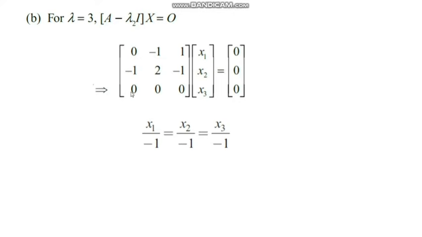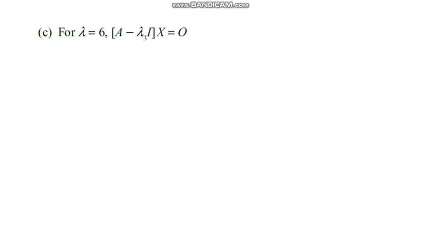So this is only eliminating the row and column containing 0. 0, positive 1, but the coefficient of the minor is minus 1. Minus 1 times positive 1 is only minus 1. Similarly, you can do it for x3. So all elements are the coefficients of minus 1, so the resultant eigenvector will be 1, 1, 1.